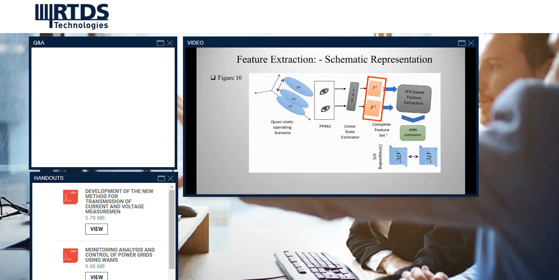After this, these feature sets are fed to the SFA based feature extraction. This is sparse filter algorithm based feature extraction, which then goes to the NN estimator. The NN estimator estimates the ATC, and this is the overall process.